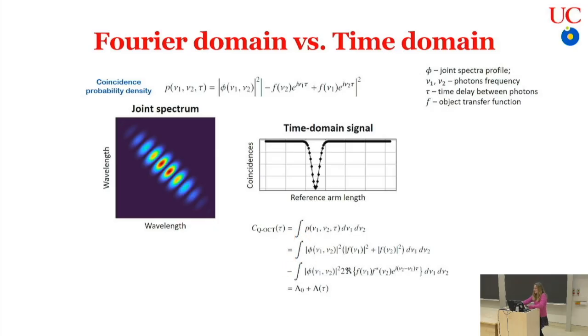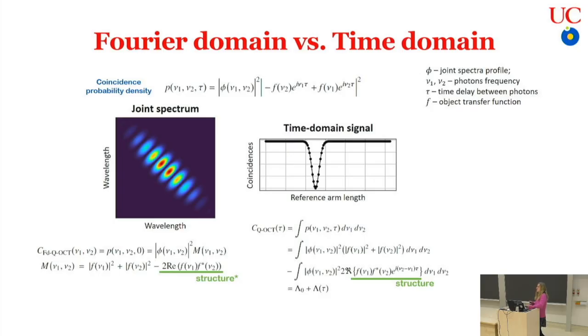And in the Fourier domain, we don't do that, right? So we have more information, but I would say it's a different representation of the same information.